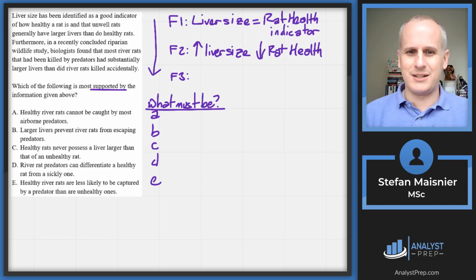Furthermore, in a recently concluded riparian wildlife study, biologists found that most river rats that had been killed by predators had substantially larger livers than did river rats killed accidentally.